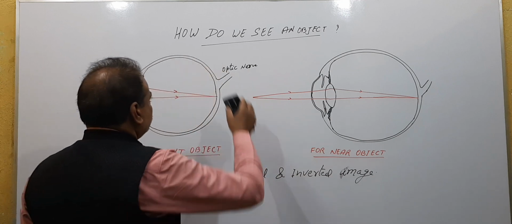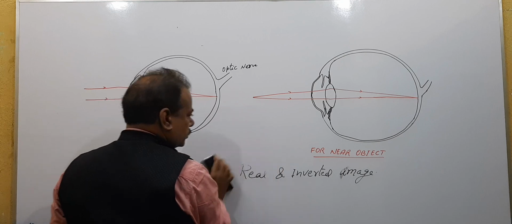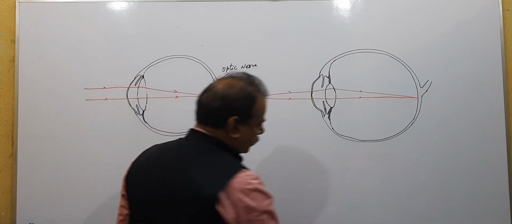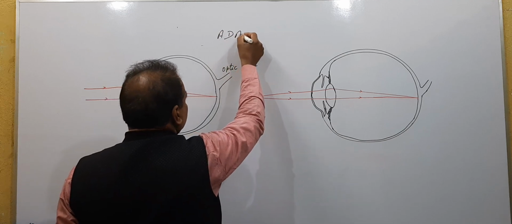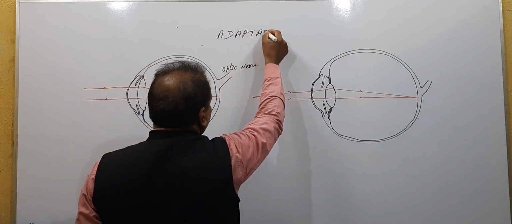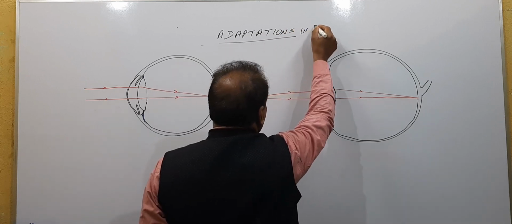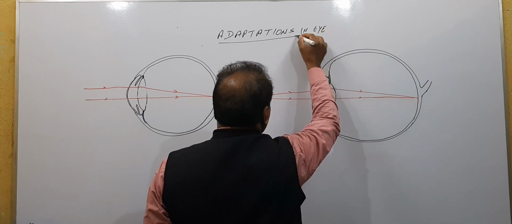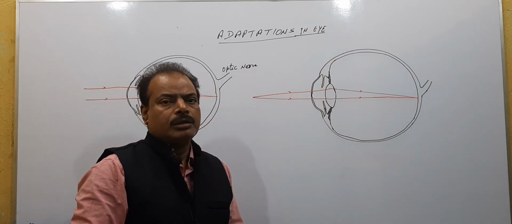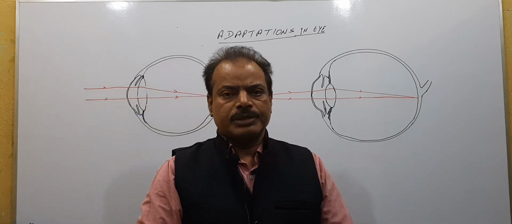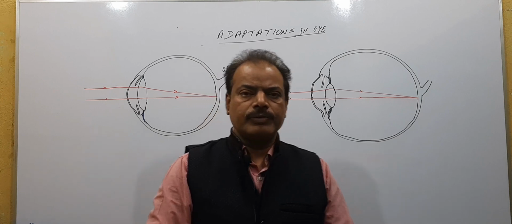Now, adaptations in the eye. There are 2 different types of adaptations: dark adaptation and light adaptation.